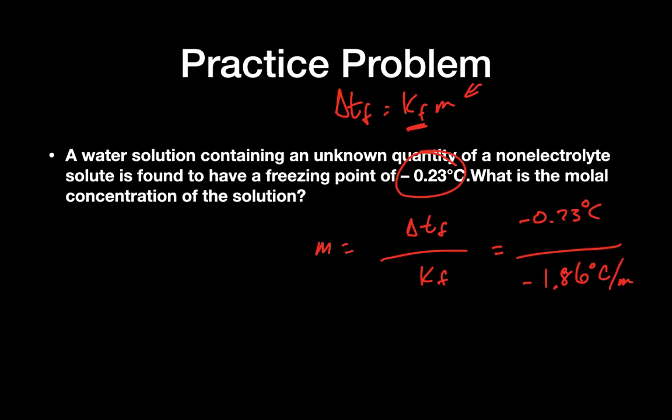So these degrees C cancel. Because this is a denominator of a denominator, it actually goes up to the numerator, which gives you the unit that you need, and you just plug into your calculator and you should get 0.12. Sorry, my 2 looks like a 7. It should be 2.